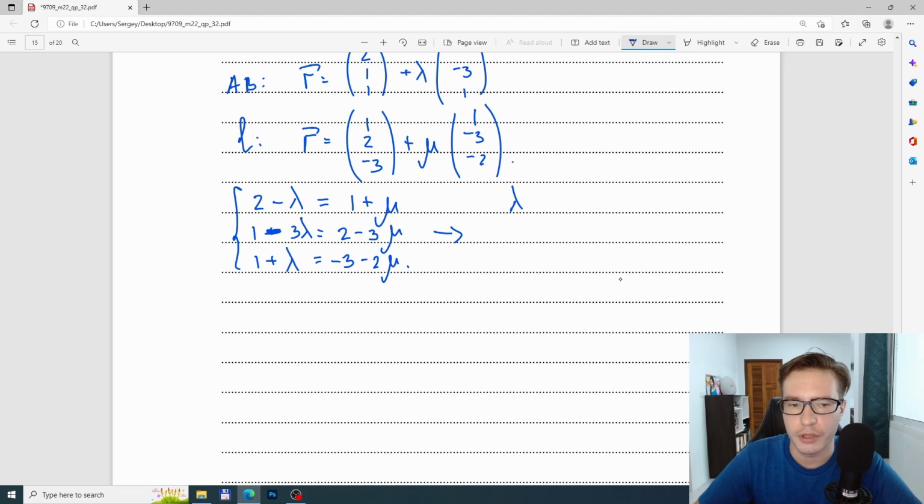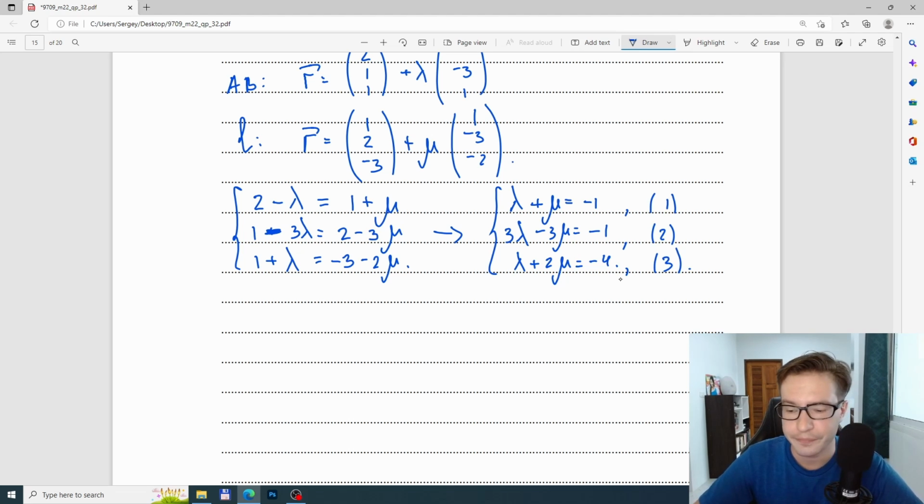Okay, I will move lambda and mu to the left side of each equation, and I will get lambda plus mu equals minus 1, then 3 lambda minus 3 mu equals minus 1, and lambda plus 2 mu equals minus 4. Okay, and I will call the first equation 1, the second one is 2, and the third one is logically 3.